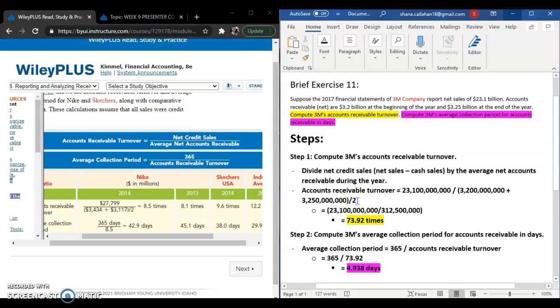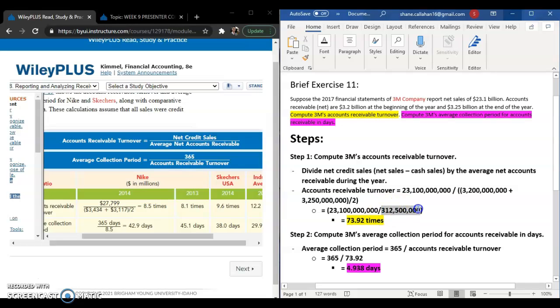And so order of operations, you would add 3.2 billion and 3.25 billion, and then divide that by 2. And let's put these in parentheses there. Which would then equal 312,500,000, and then you divide.